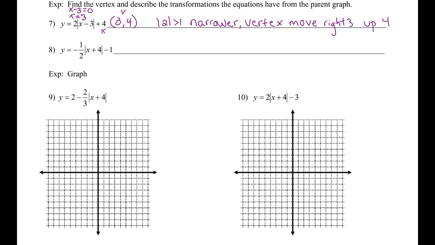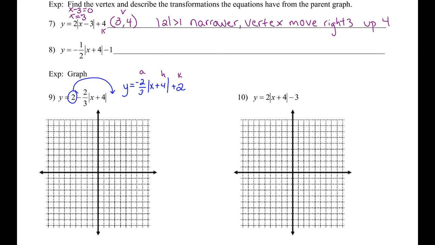The first thing I have to do for example 9 before I try and solve it is to put it in the standard form, which means I need to move the k, or the 2, which is my k value, to the end of the equation, giving me y is equal to negative 2/3 times the absolute value of x plus 4 plus 2. This gives me my a value, my h value, and now I have my k value.